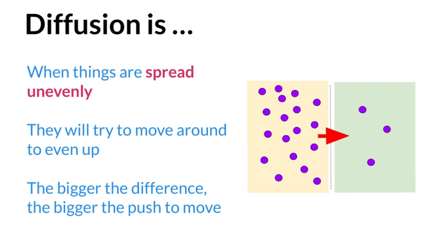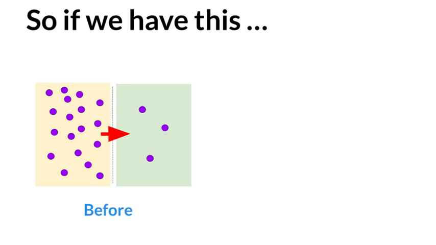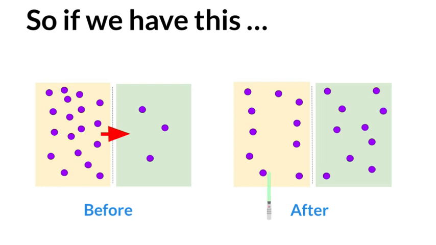So we could say that it's a movement of stuff from where there's a lot of it to where there's not much of it. Hence I've drawn the red arrow here. That's showing me what it looks like at the start. After diffusion, we see that if we count the number of dots here and the number of dots here, they're the same.